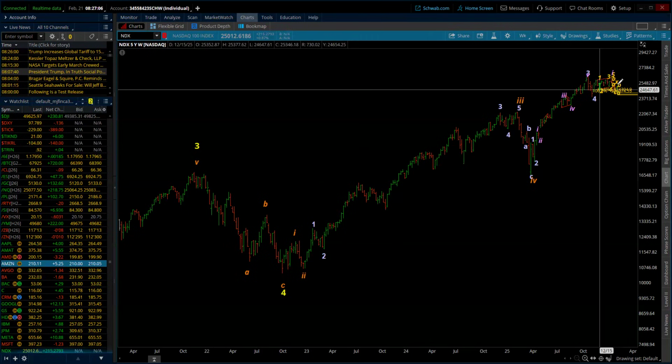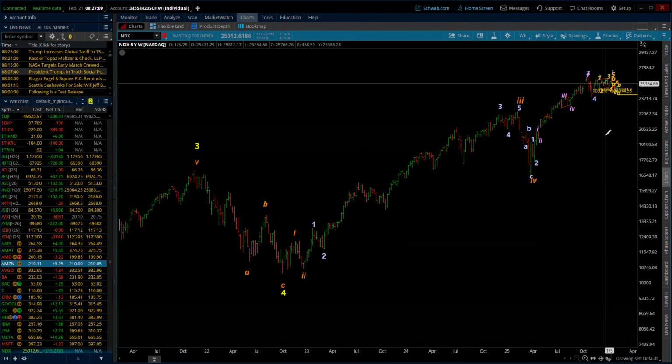But that hasn't stopped them yet. Now, it might. GDP just might knock it all back down. This part we have to consider and realize is true.